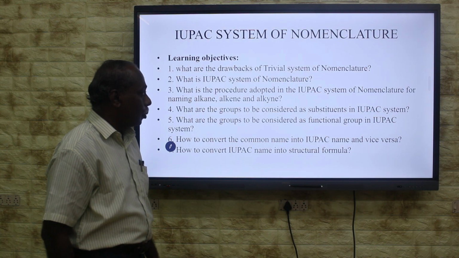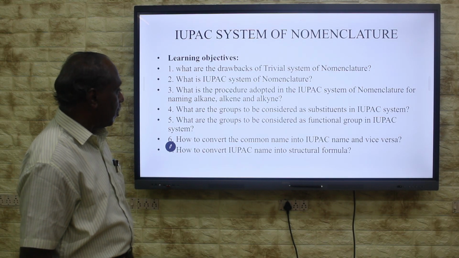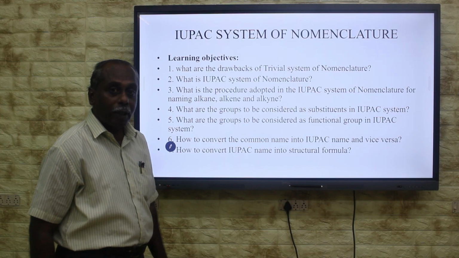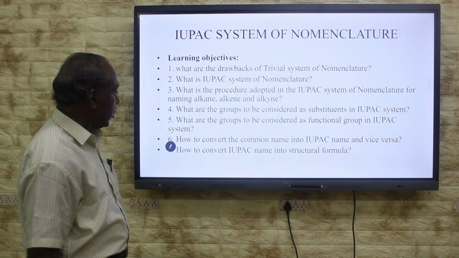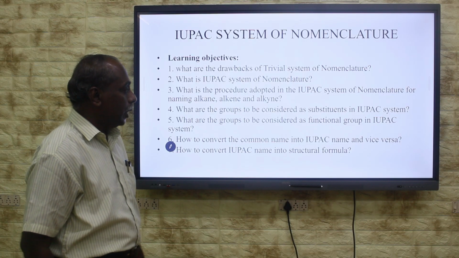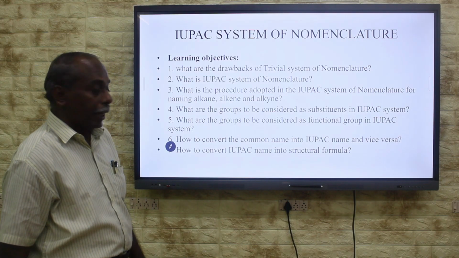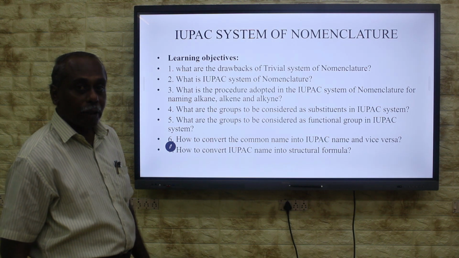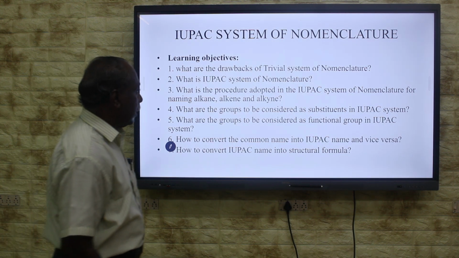We will also learn which groups are considered as substituents and which as functional groups, how to convert a common name into an IUPAC name and vice versa, and how to convert an IUPAC name into a structural formula. Those things will be learned in this class.